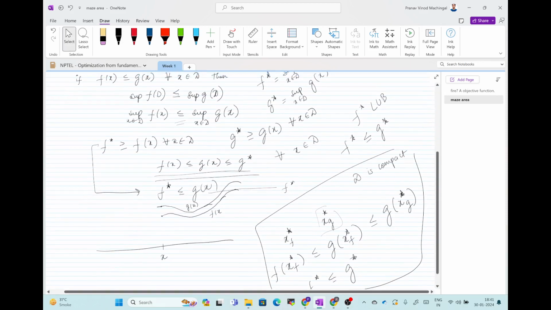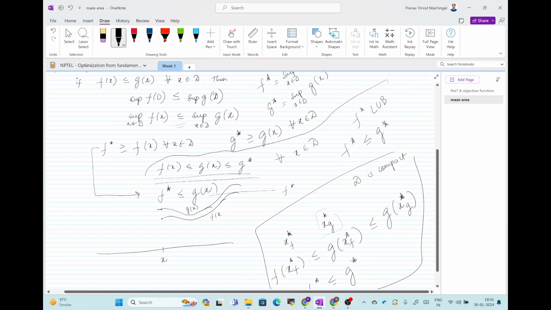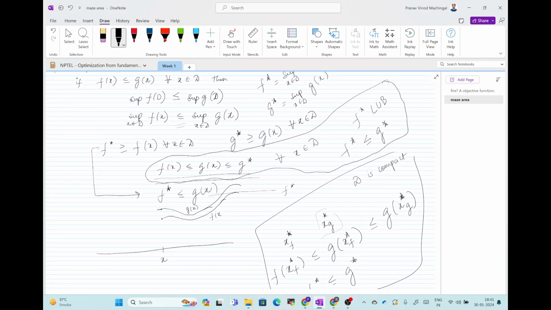Correct. So we don't really need any other definition, we just need the definition of the supremum. Boundedness tells us that the supremum is finite. It's not infinite.